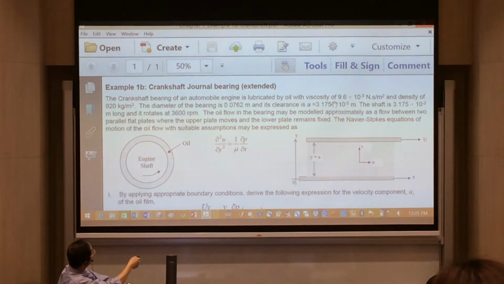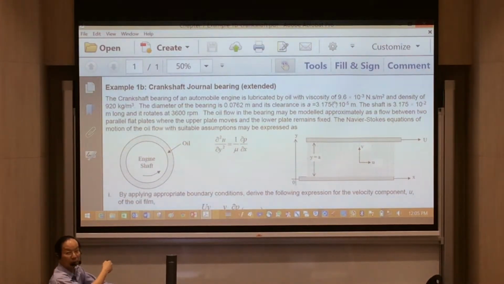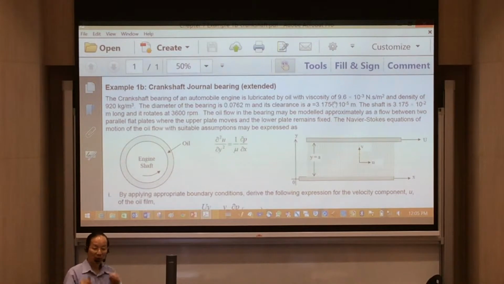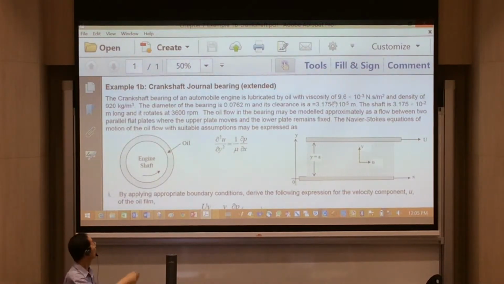The oil flow in the bearing may be modeled approximately as the flow between 2 parallel plates. This is as usual, just like the Earth is round, but because we consider just a small part of it, we see this as flat. Flat plate, when the upper plate moves and the lower plate remains fixed.